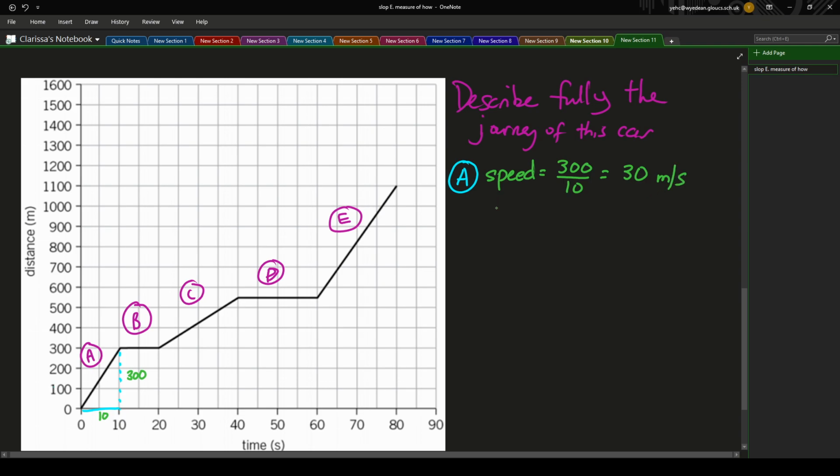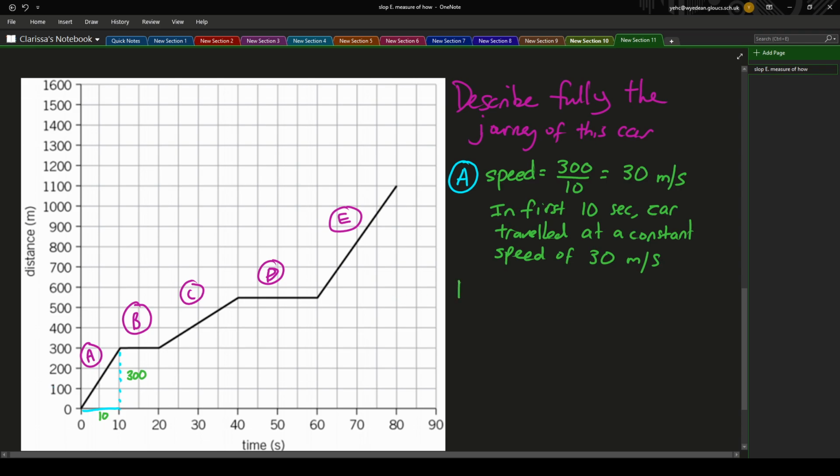So in the first 10 seconds, the car traveled at a constant speed, because it's a smooth straight line, of 30 meters per second.